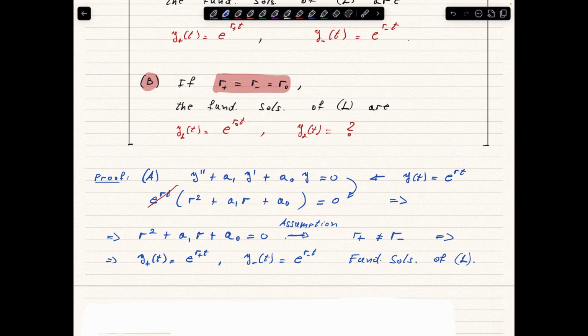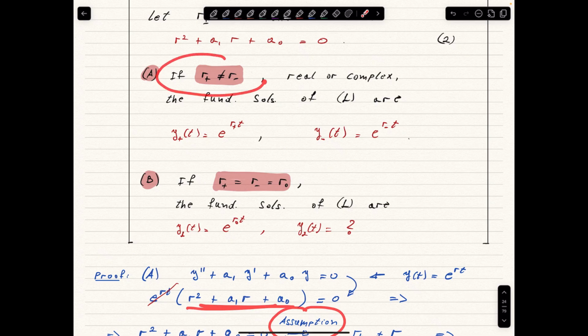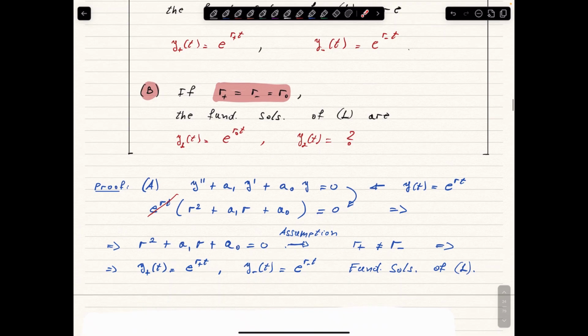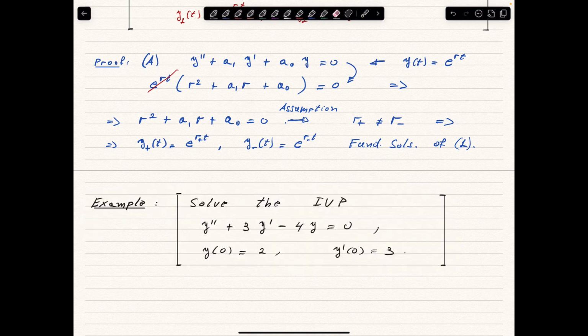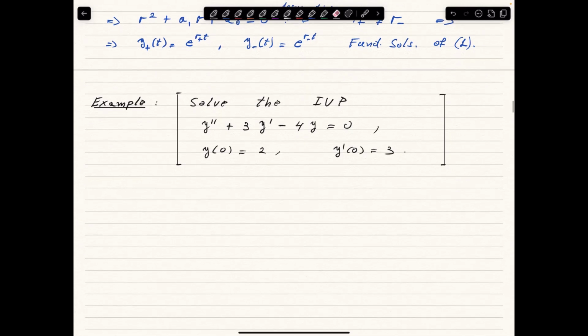And that's all. So the same calculation we did with 5 and 6 works in general if we assume that whatever equation we get for r has different roots, which is what we are assuming here. An example of this case is the example we solved before, but now we don't need to guess too many different functions. Now we know that exponentials work.